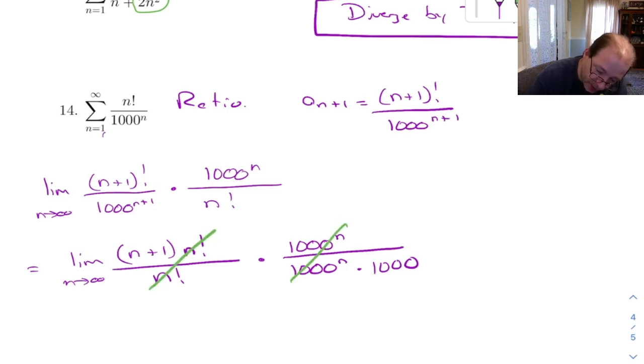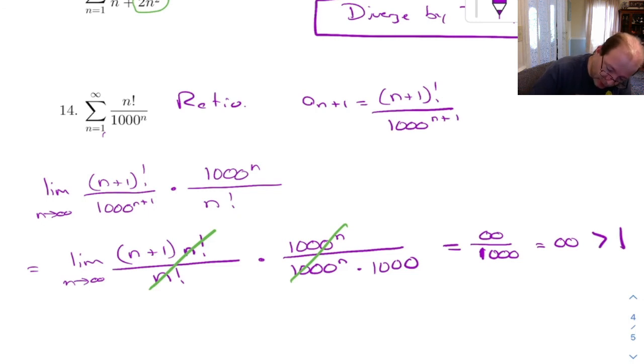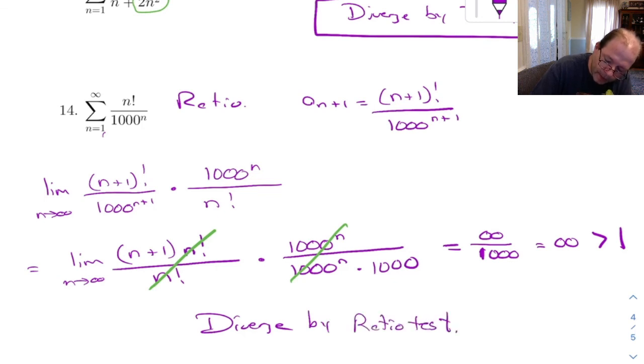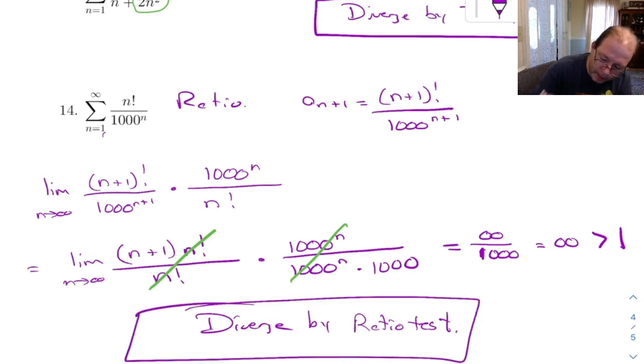We can cancel these guys. And when n goes to infinity, the top's going to go to infinity and the bottom's going to be 1,000. So infinity over 1,000 is still infinity, which is bigger than 1. So therefore this is going to diverge by the ratio test. And that's it.